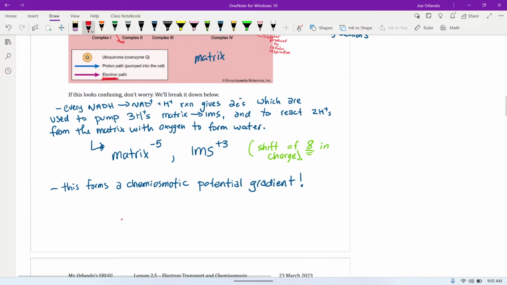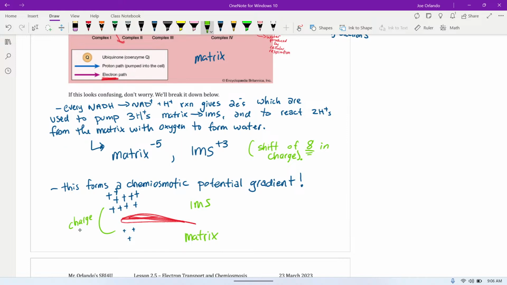If we have the membrane here, and we said down here is the matrix, and up here is the intermembrane space, well, we've now changed a bunch of things. Because we've said this side is really positive, and this side is less positive. So we have a charge difference. We have a charge gradient.